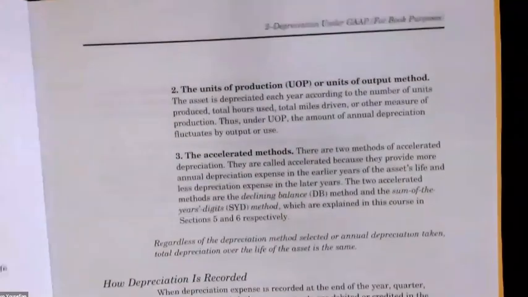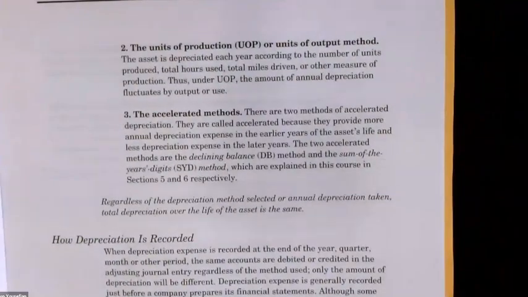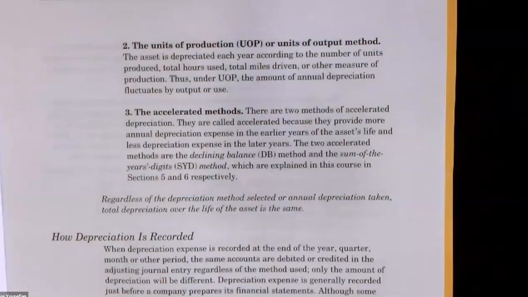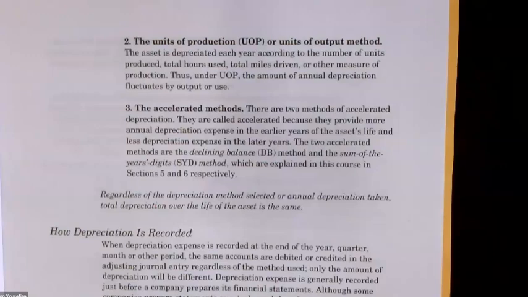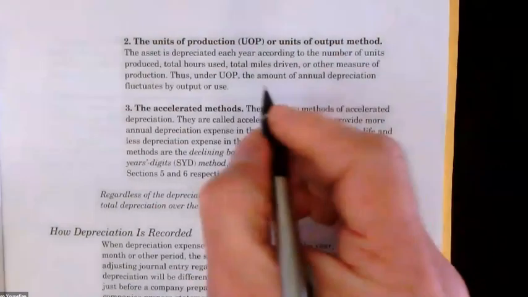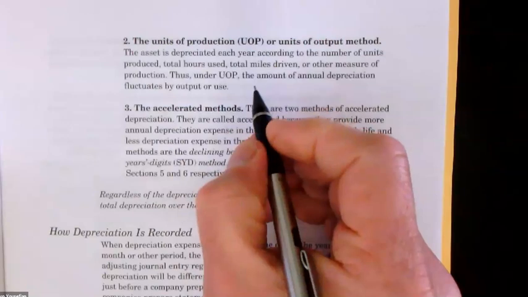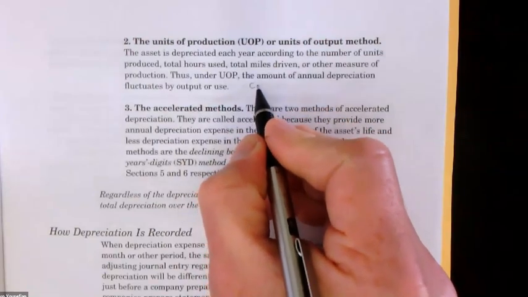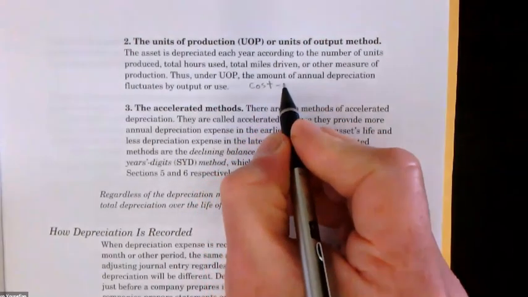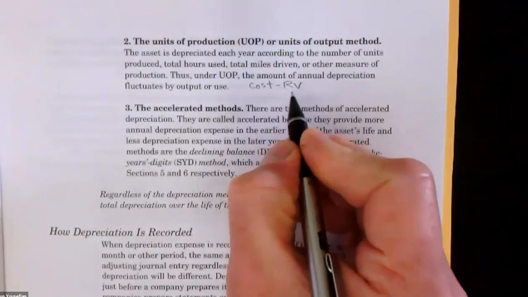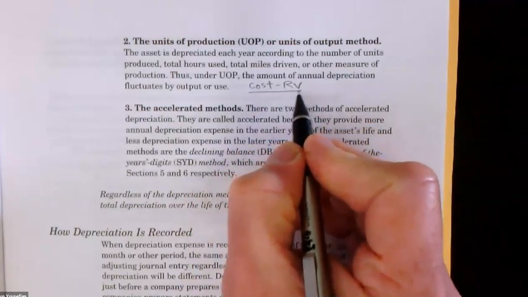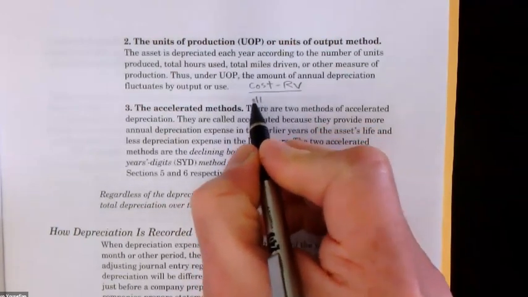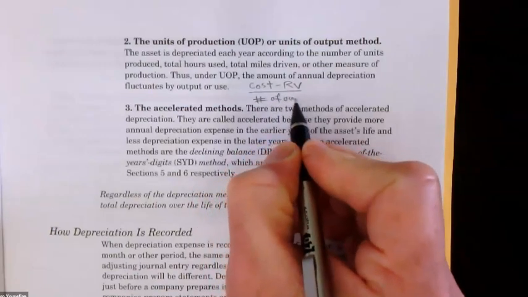Okay, for the next page, page 17, is talking about the units of production or units of output. That depends on what you want to use. In this method, you say, I want cost minus residual value. Every time I'm using residual value again, divided by number of output.